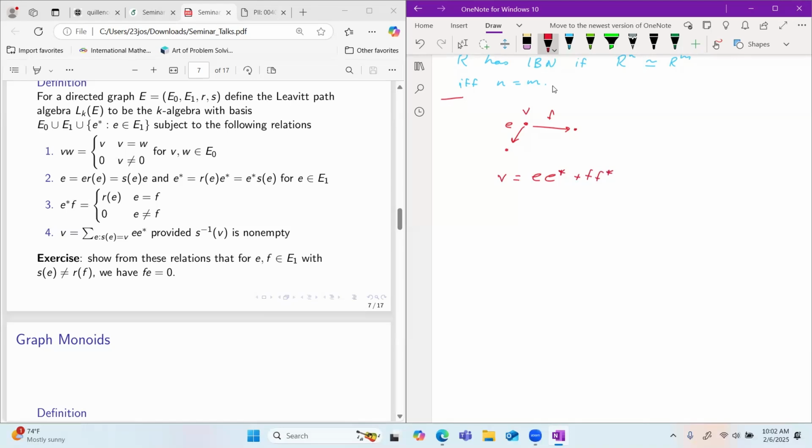And I guess I'll also, oh no, I've already written all the other relations out. So as an exercise to you to get familiar with this, it's pretty easy. You just have to use the first two relations here.